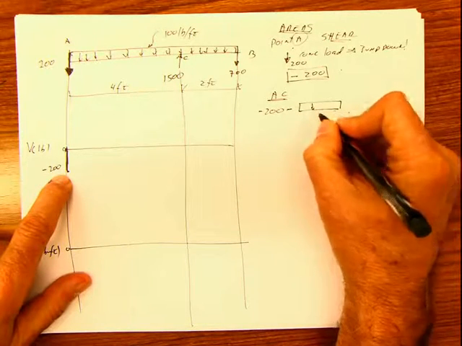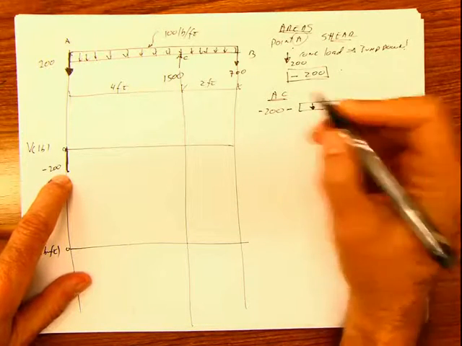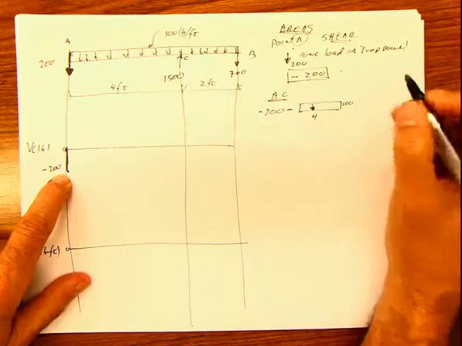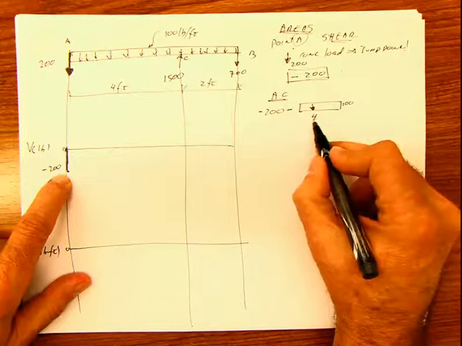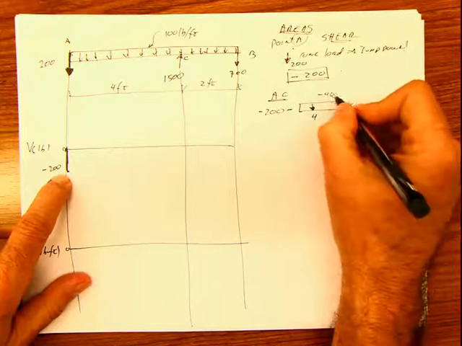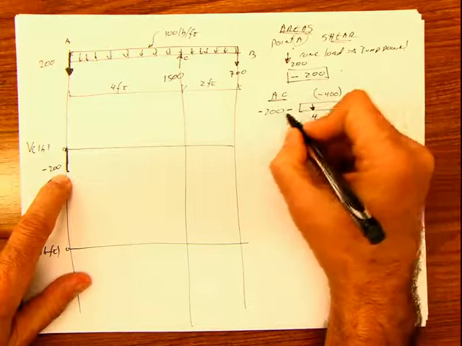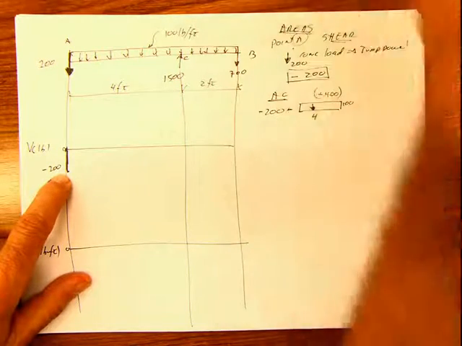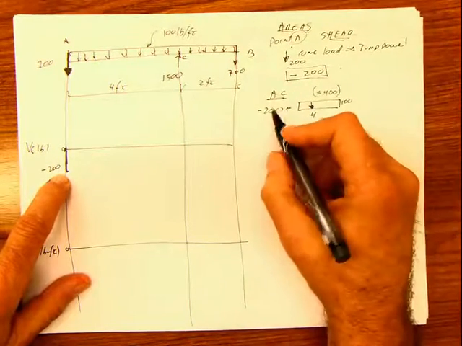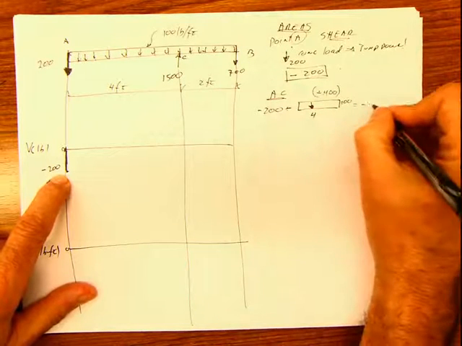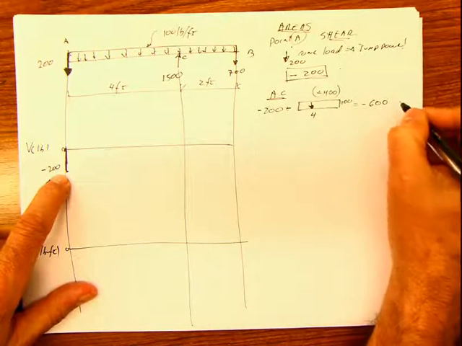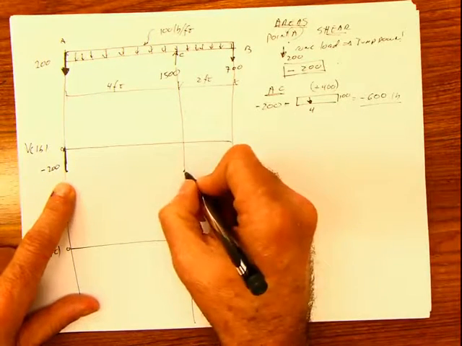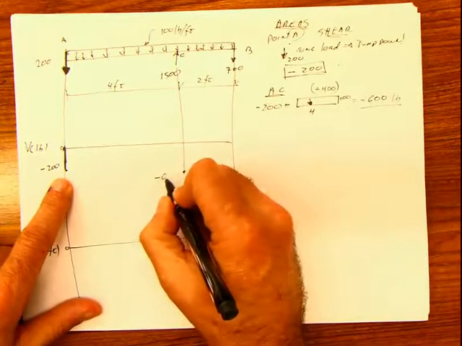Remember, that's why it's negative. And the area is 4 times the height of 100, so the area is 400, and I'm applying the sign here. So the total value is going to be negative 600 pounds there. That means that at this point, this is going to be negative 600.